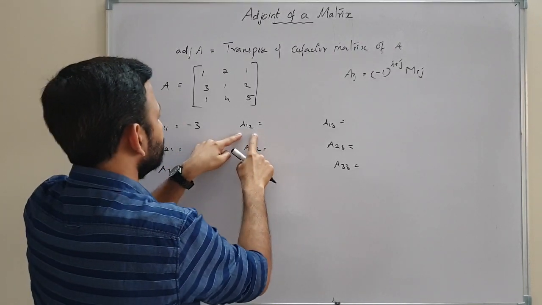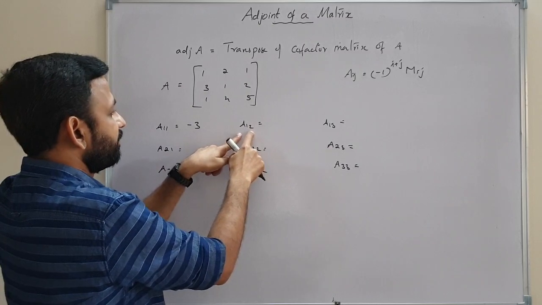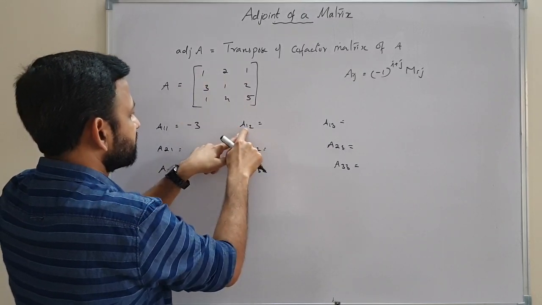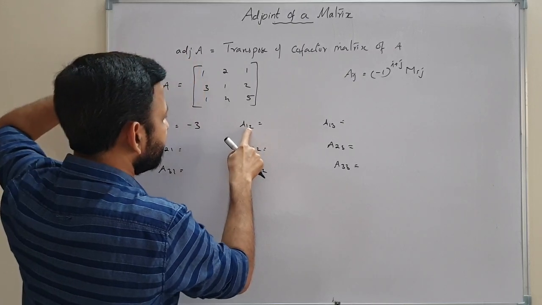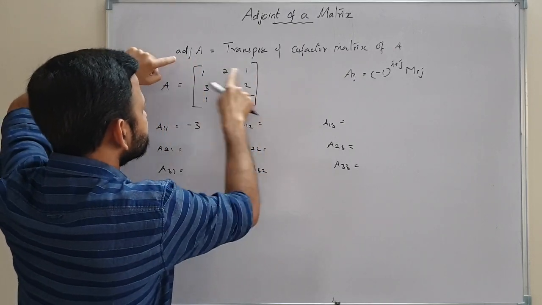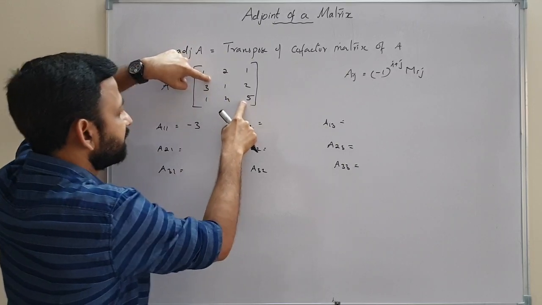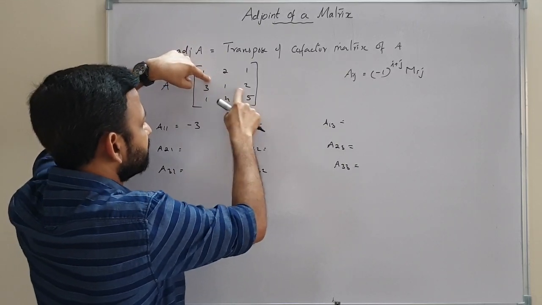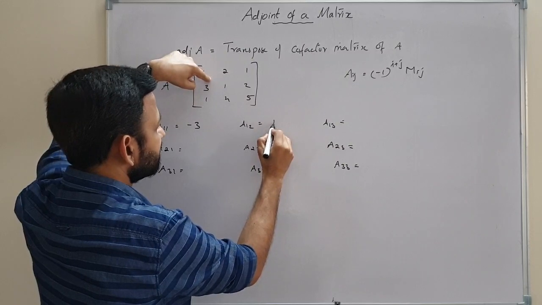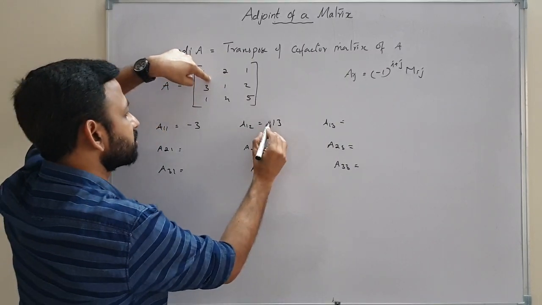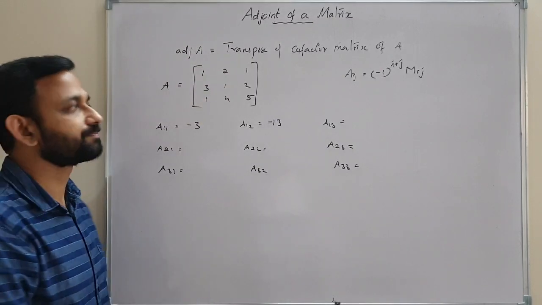Then A12, deleting first row and second column. Then 3 into 5, 15 minus 2, that is 13. And here 2 plus 1 is 3, an odd number, so the cofactor will be negative.